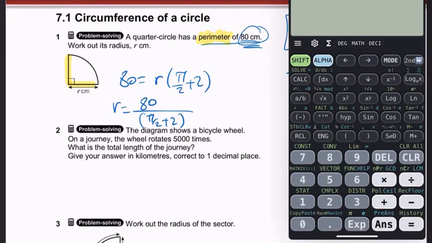It will be the fraction 80 above, pi here, shift pi, over 2 plus 2. It equals how many? 22.4 centimeters.